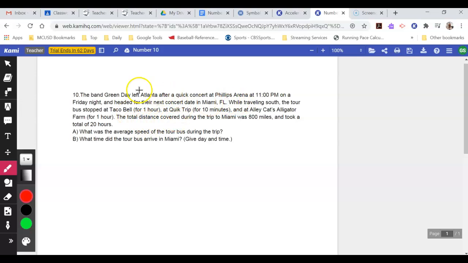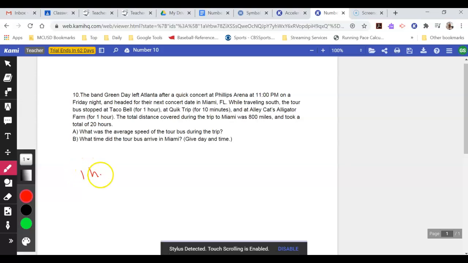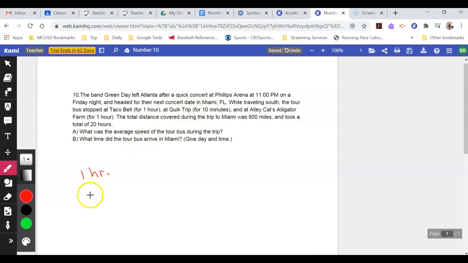While traveling south, the tour bus stopped at Taco Bell for 1 hour, at the Quick Trip for 10 minutes, and at Ellie's Cat Alligator Farm for 1 hour. The total distance covered during the trip was 800 miles and took a total of 20 hours.